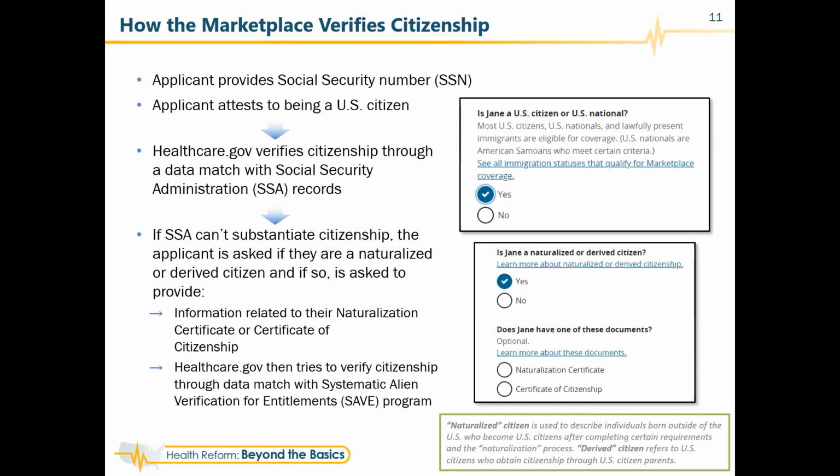If citizenship can't be substantiated by the Social Security Administration, applicants are asked if they are naturalized or derived citizens. Those who answer yes to this question are asked to provide document numbers from their naturalization certificates or certificates of citizenship. And if these numbers are provided, the marketplace will try to electronically verify citizenship through the records held by the Department of Homeland Security's Systematic Alien Verification for Entitlements Program, which we also refer to as the SAVE program.